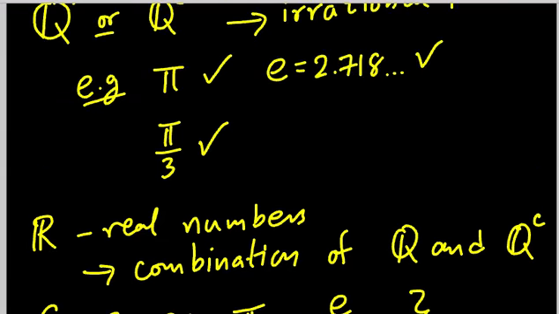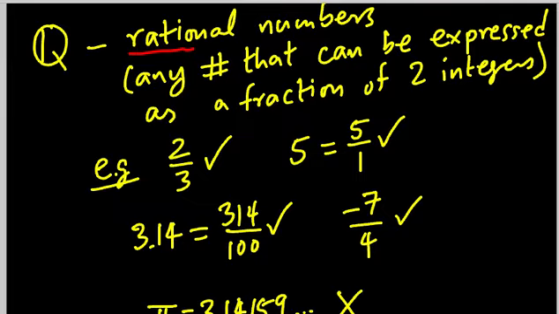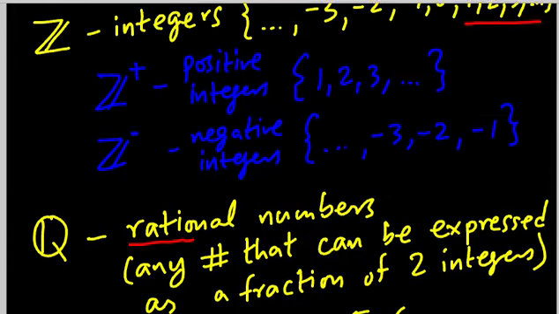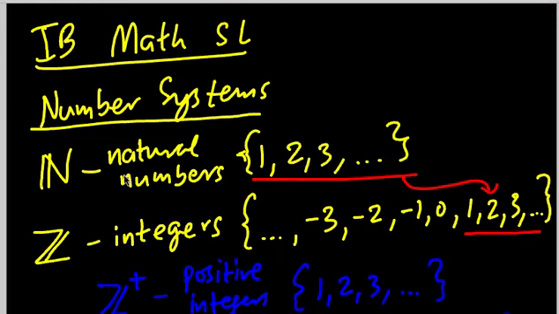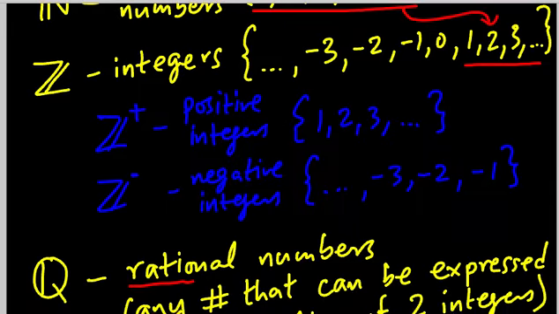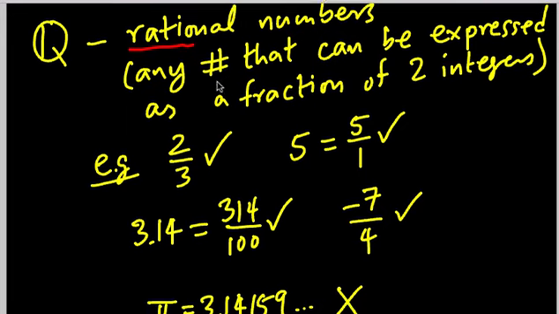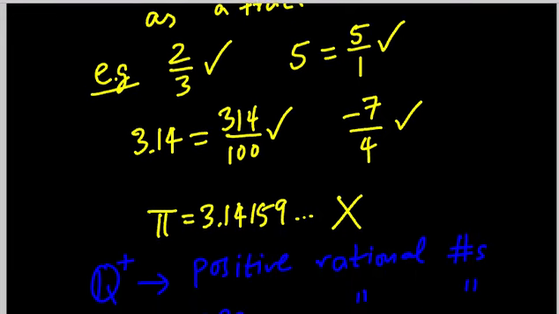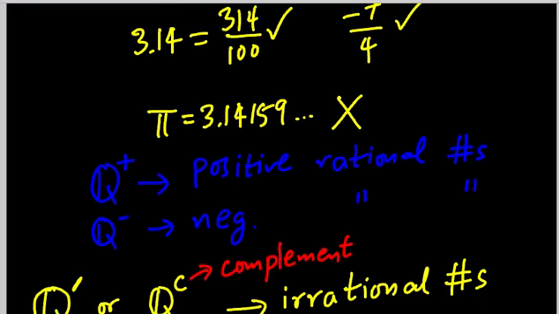What I want to highlight is how some of these number systems are embedded in another. When we looked at the very first one, let me scroll all the way to the top. We noticed, for example, that the natural numbers were embedded inside the integers. The integers are embedded inside the rational numbers. Now, the rational numbers are not embedded inside the irrational numbers. Remember, they're the complement, the exact opposite.